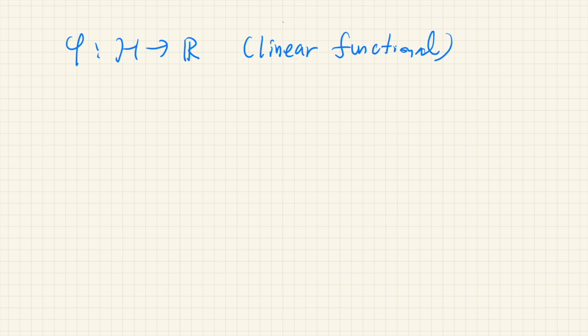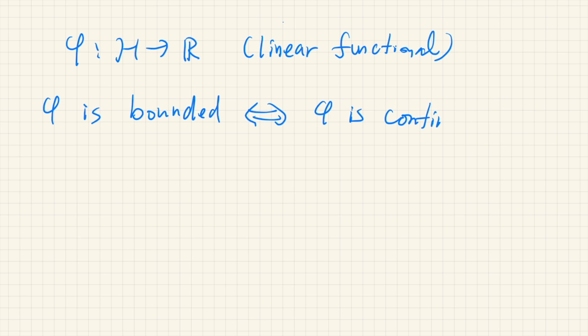Now, let phi from H to R be a linear functional. And phi is bounded if and only if phi is continuous. Here, phi being continuous means the following.